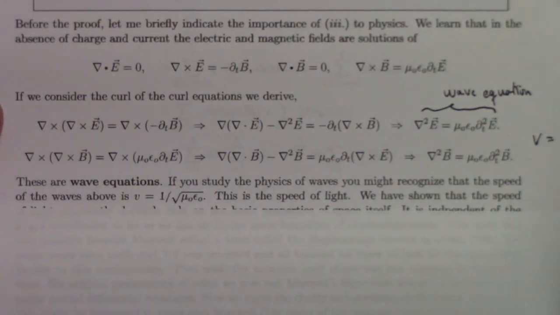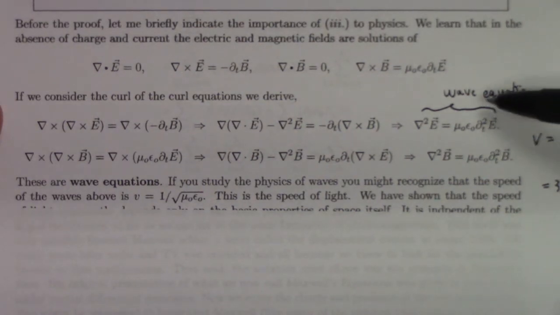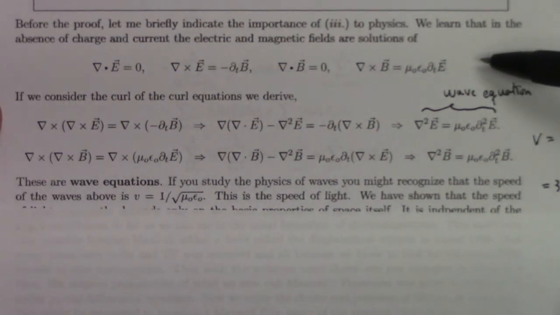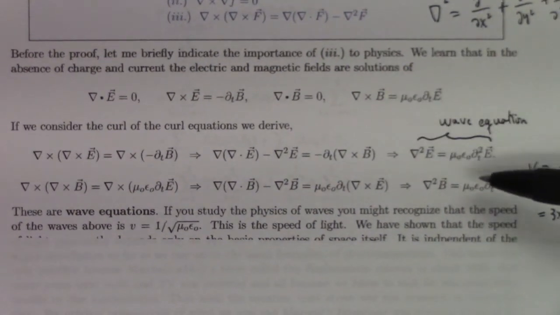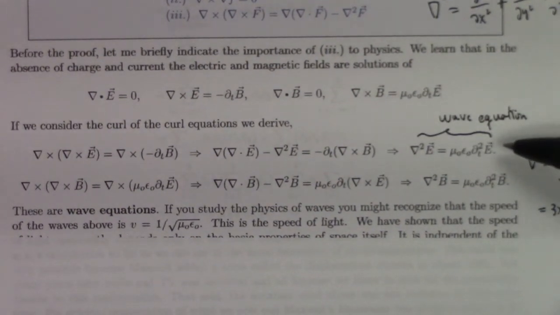Now, if you work it out, this is 3 times 10 to the 8th, roughly speaking, meters per second. In other words, from Maxwell's equations alone and this vector identity, we can derive that the electric and magnetic fields satisfy a wave equation, and the speed of the wave is nothing more than the speed of light.